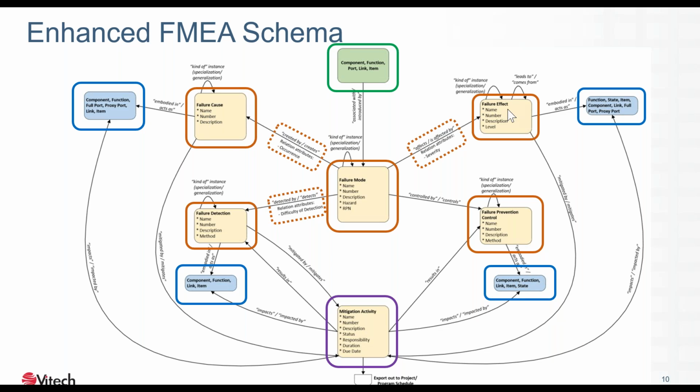So if a failure effect is embodied in a particular function or component, we can make that explicit relationship such that when we go look at, for example, a particular component, we can see if it is affected by particular failure modes. We can see if it causes other failure modes. So this allows that traceability that really ties back into one's architectural model.